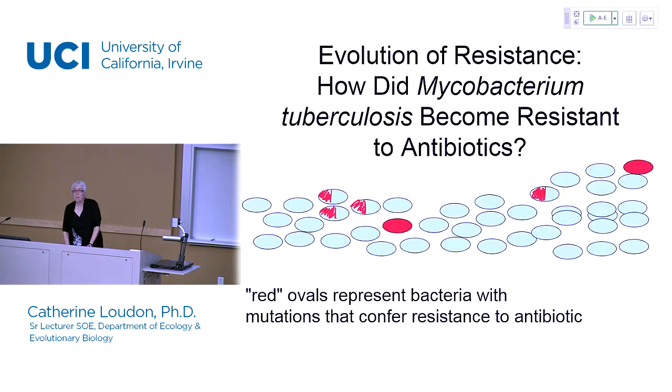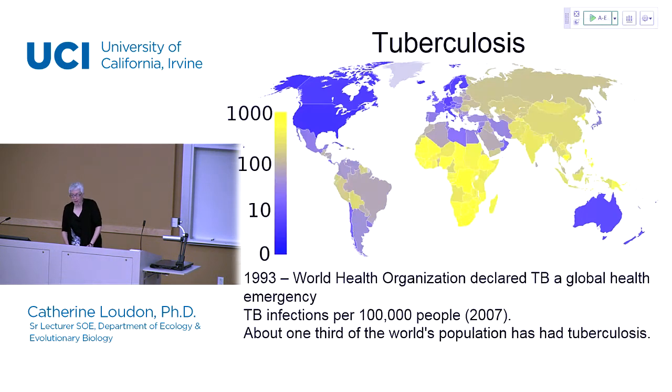So tuberculosis may be less familiar to some of you because in North America it's not as big a deal as it is elsewhere. This is not a graph from your book. This is, I believe, from the CDC, the Center for Disease Control, and this graph shows the incidence of tuberculosis as of 2007. The numbers on this color scale show the number of tuberculosis infections per 100,000 people.